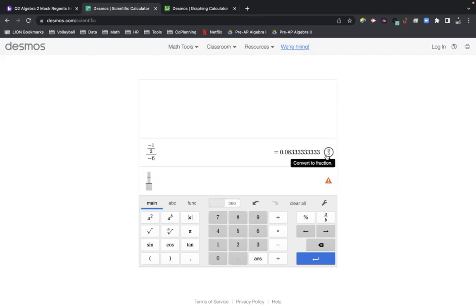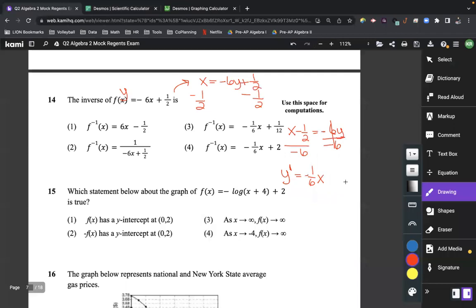The fraction it gave was this, and when I converted it to a fraction, I got the answer. I wanted to model for you how to use your tools instead of trying to crack the Da Vinci Code, because we're taking a test. It's about getting the most right in the allotted amount of time.